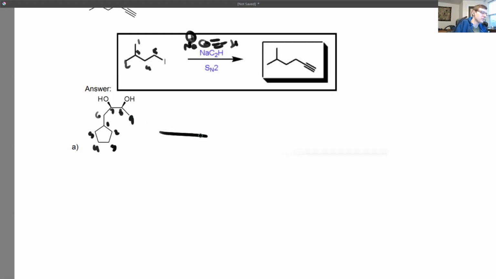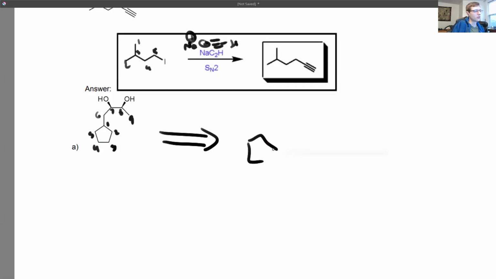Okay. So I'm going to draw our favorite retrosynthetic analysis arrow. And what do we notice about this final molecule that we know how to do? Like a syn dihydroxylation. Yeah, exactly. Right. So, whoops, okay, this thing is really big.